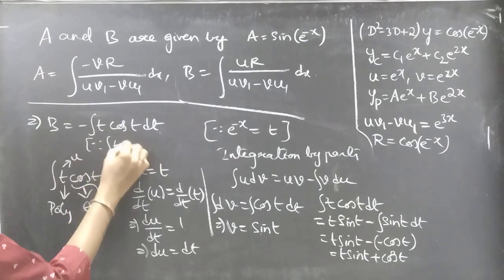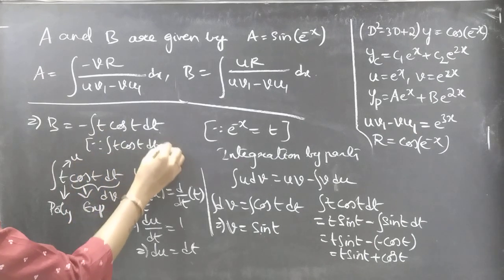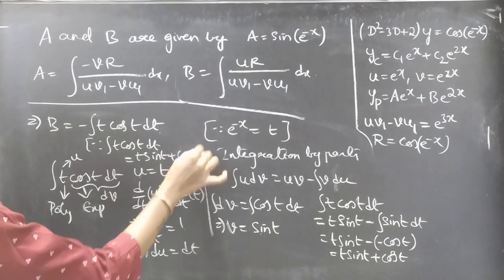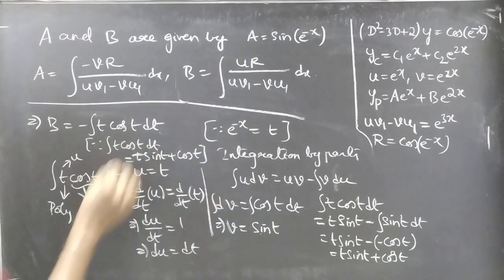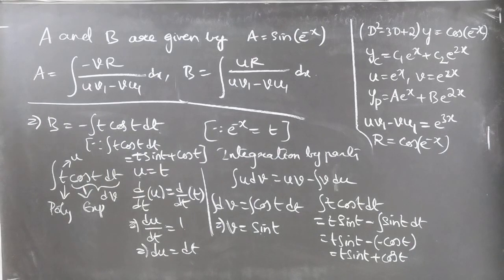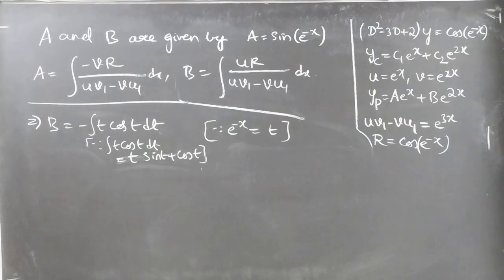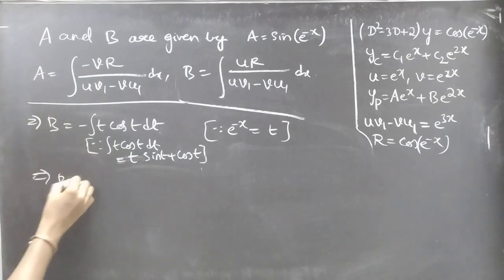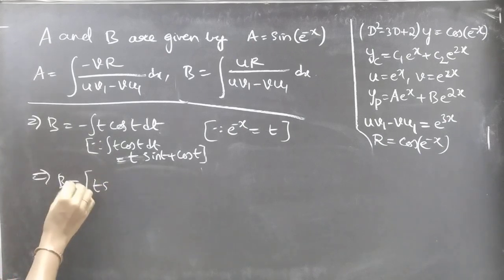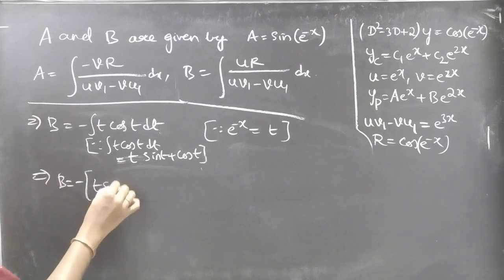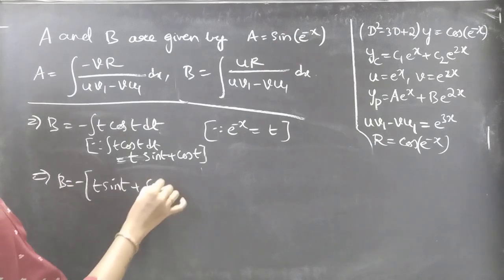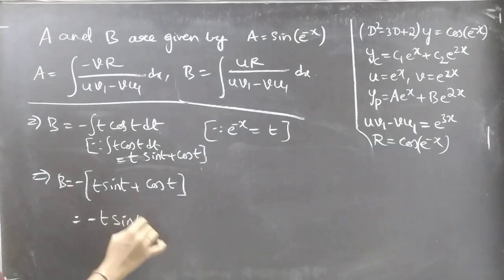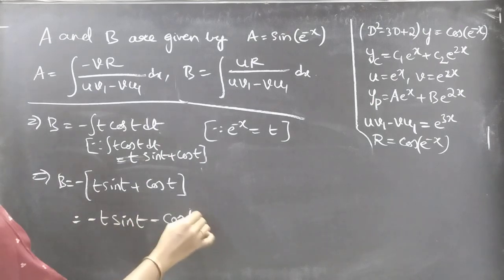Since the integral of t cos t dt equals t sin t plus cos t, then b becomes minus of t sin t plus cos t, which equals minus t sin t minus cos t.